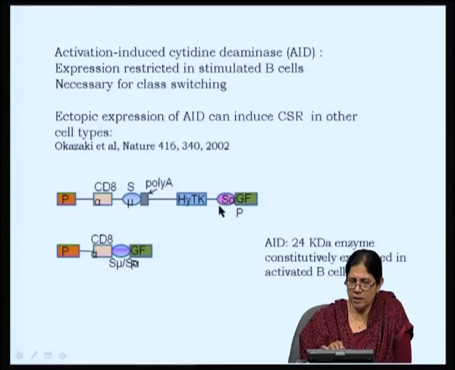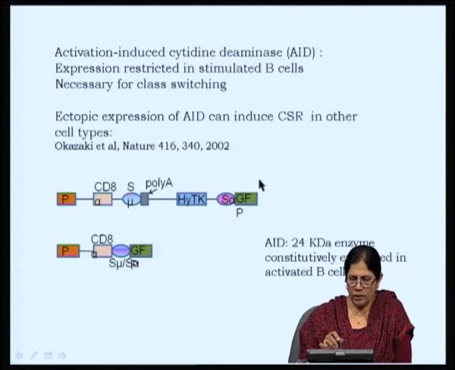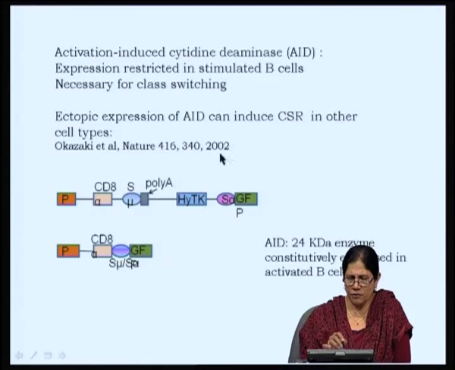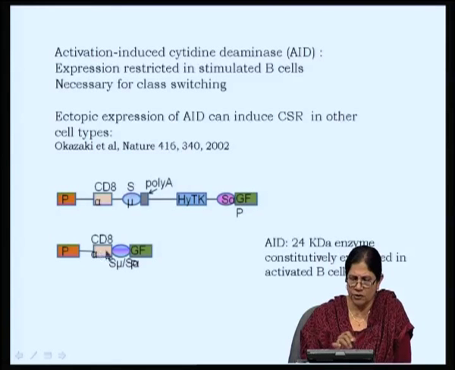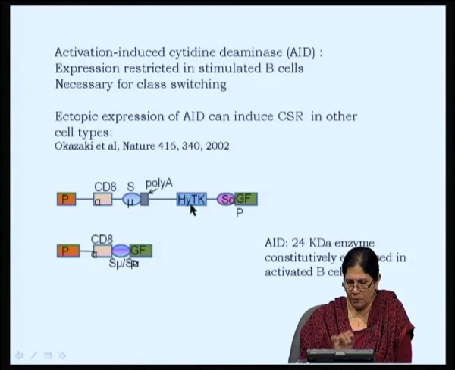After the switch region alpha, there is GFP, a gene coding for green fluorescent protein. When the cells were first transfected with this construct, they were selected by the thymidine kinase gene, which was the selection marker.